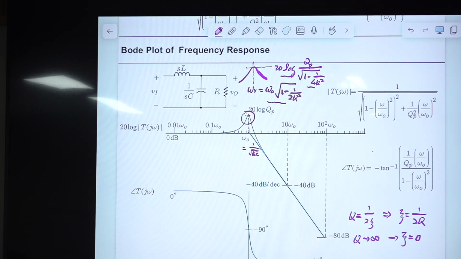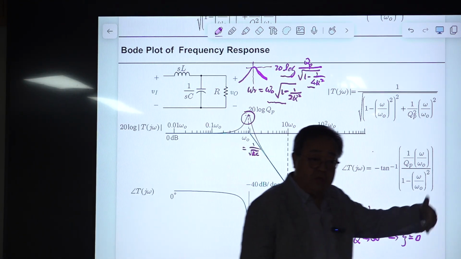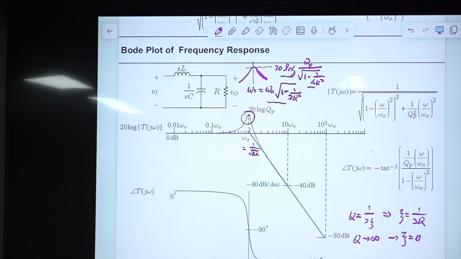Take a look at that door lock. If the door lock has 0 damping ratio and you touch it, it will move forever. This Q and this zeta are related to energy stored compared to energy dissipated. Infinity means there is no energy dissipation.